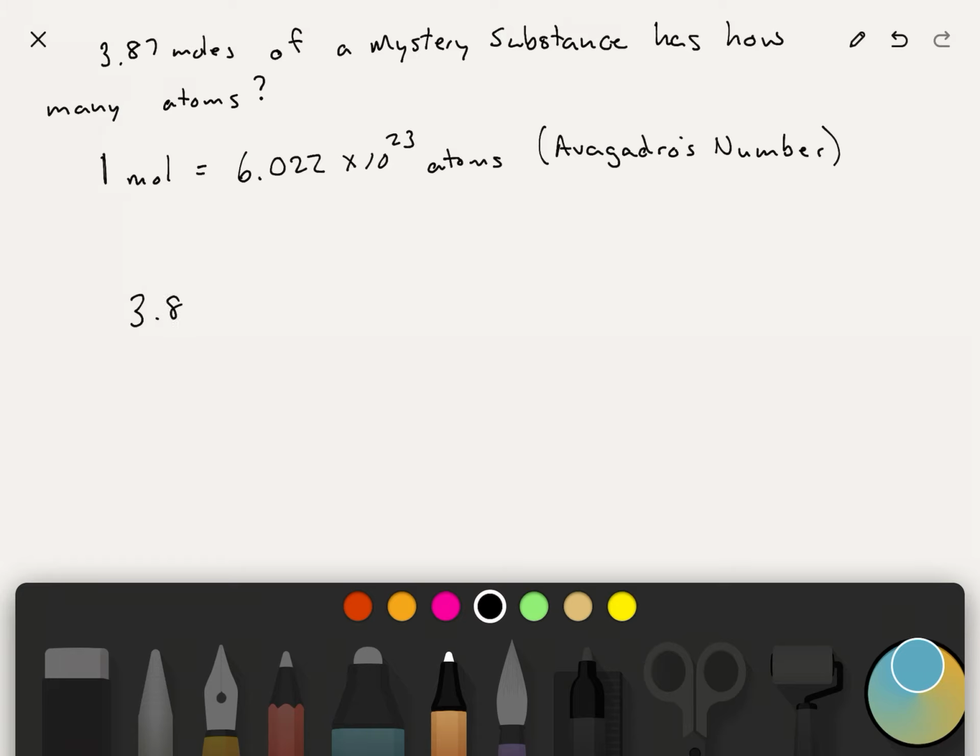So this conversion is pretty easy. We have 3.87 moles. We need to find out how many atoms. So we're going to multiply by atoms because that's what we want. So it's going to go on top. And we're going to divide by 1 mole. Our moles will cancel out.